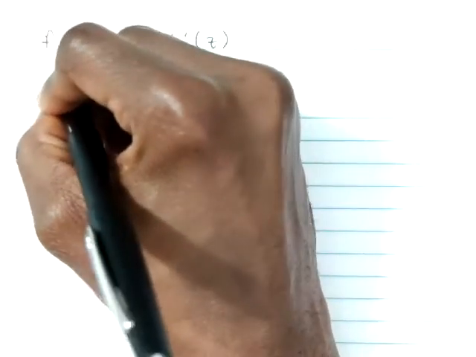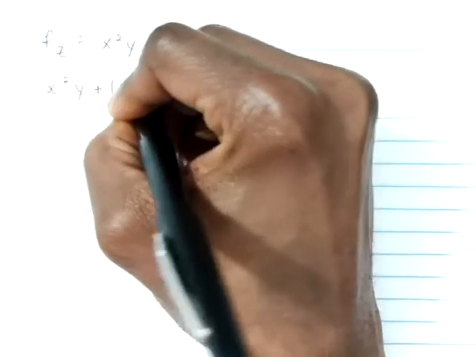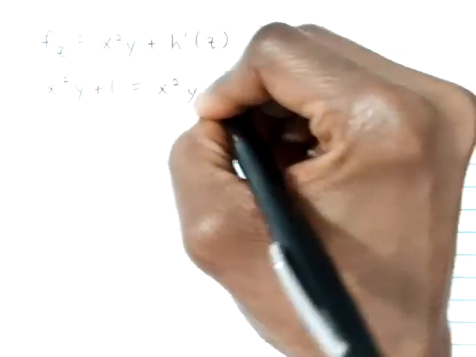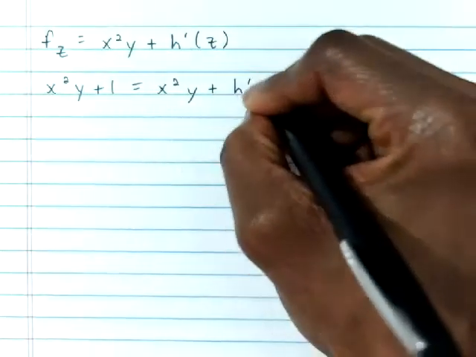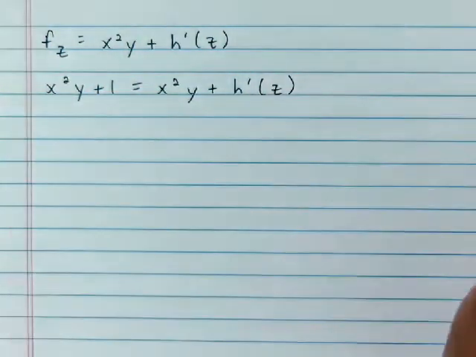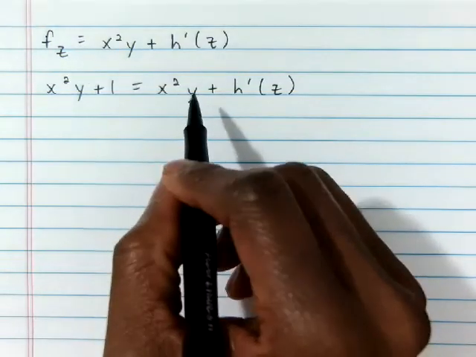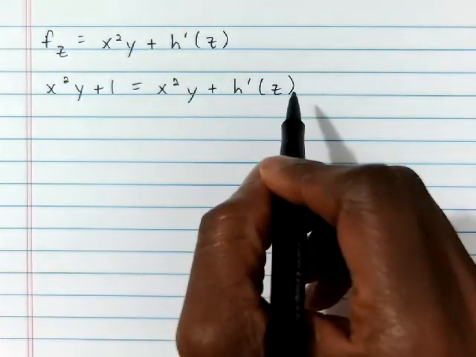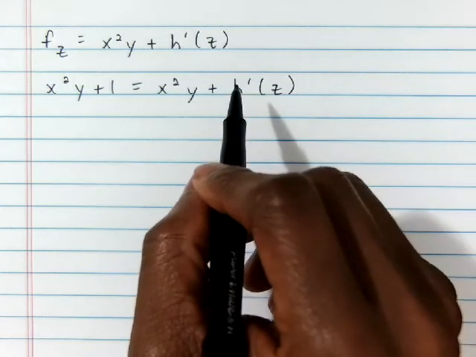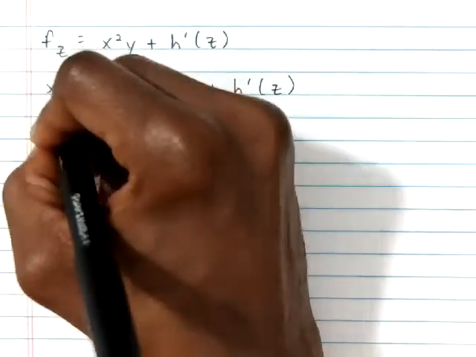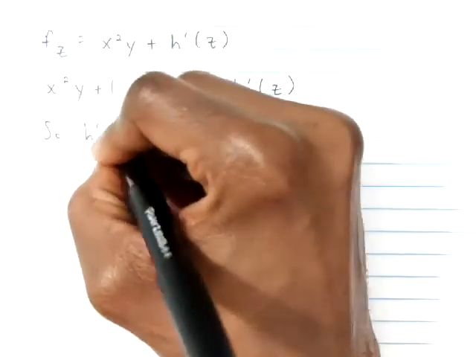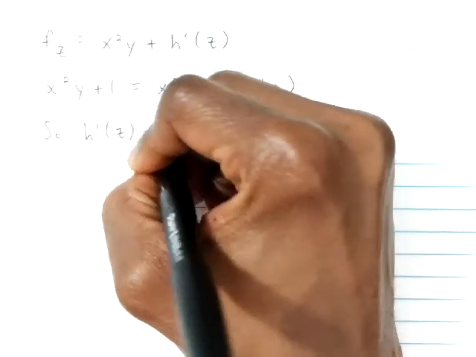So we have x squared y plus 1 has to be equal to x squared y plus h prime of z. And now the x squared y's cancel on both sides, and we get that h prime of z has to be equal to 1. So h prime of z equals 1.